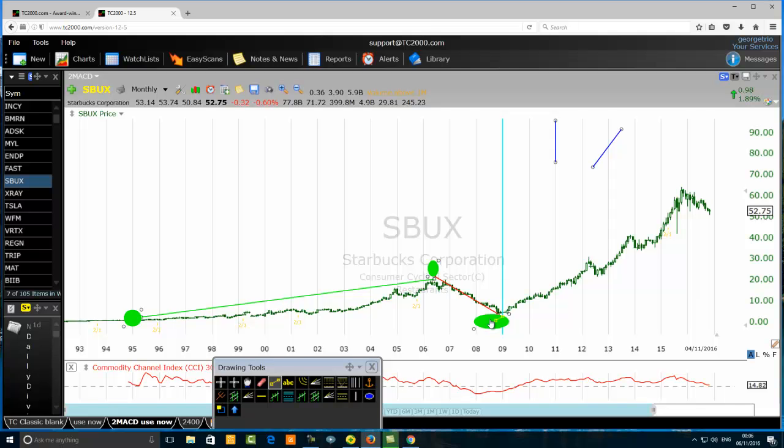Now understand that the end of the Elliott wave cycle does not mean that definitely we're going to have a new cycle. We will only have a new bullish cycle if the fundamentals are solid and the market itself is bullish. Those are the two conditions.